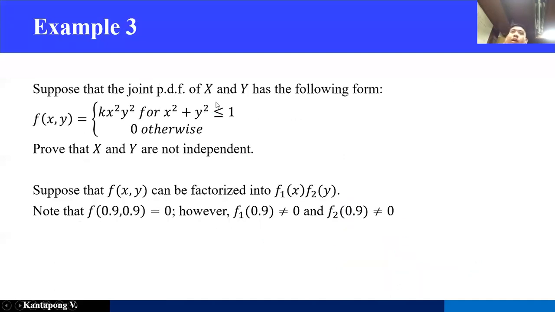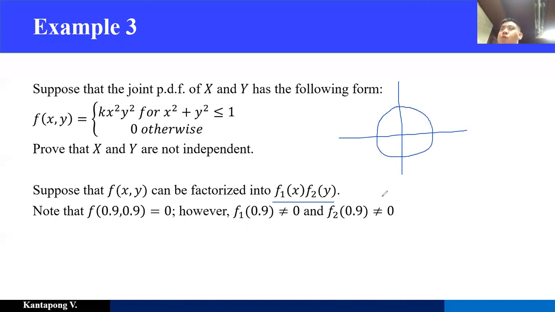So next, example 3. Suppose that the joint PDF of X and Y has the following form. Prove that X and Y are not independent. Suppose that they are independent. That means the PDF must factorize into f1 and f2. The support is defined by the circle.